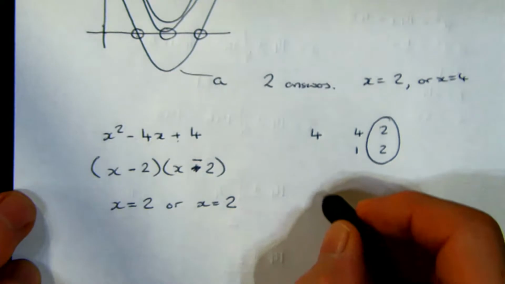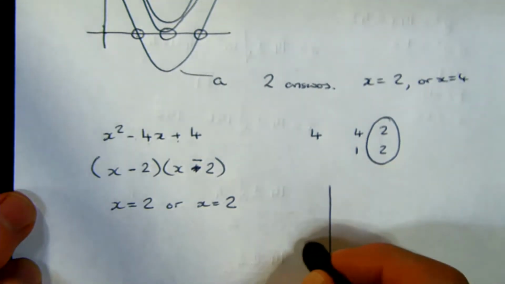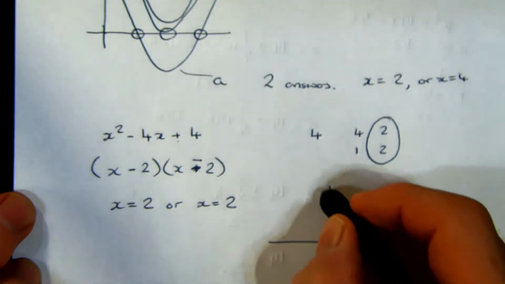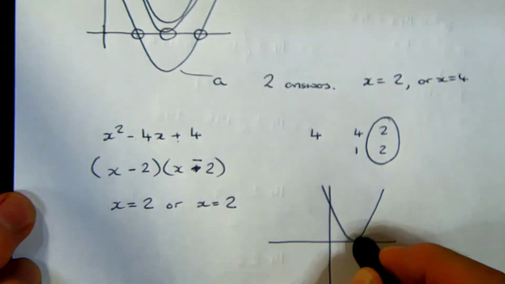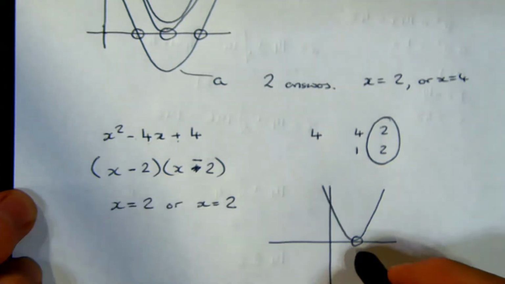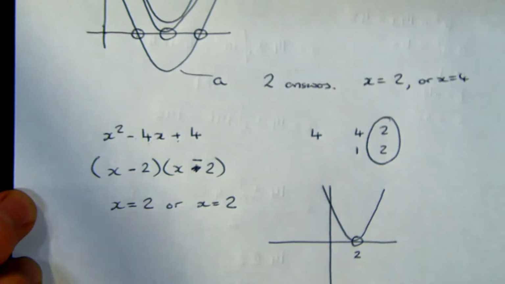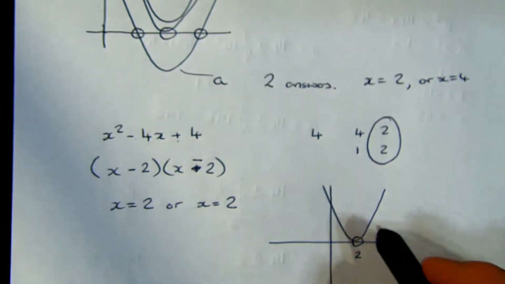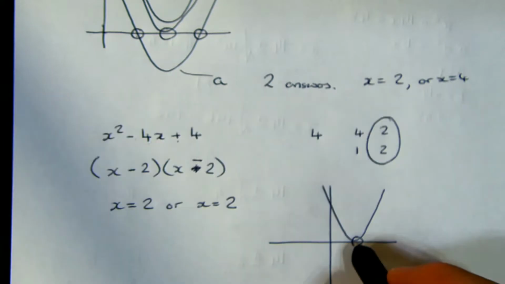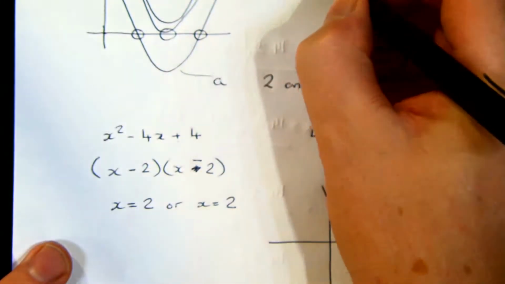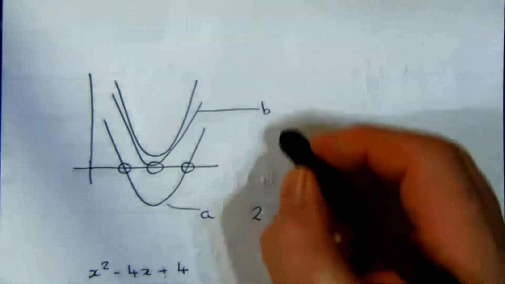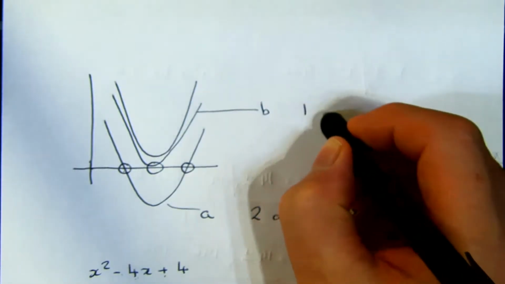One answer. So for this graph, if I were to draw it, both meet when x equals 2 at this one point. And so here, for this one, up the top, there is one answer.